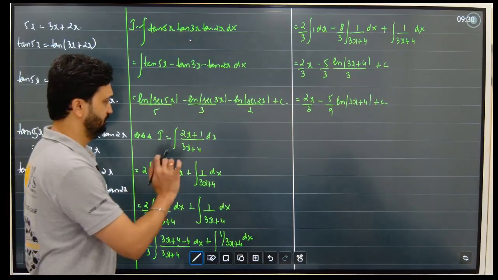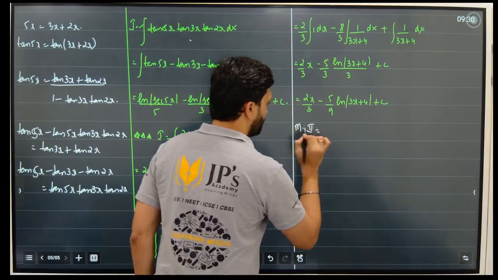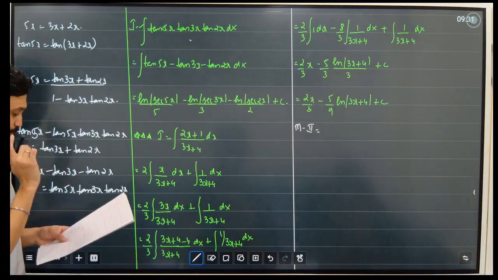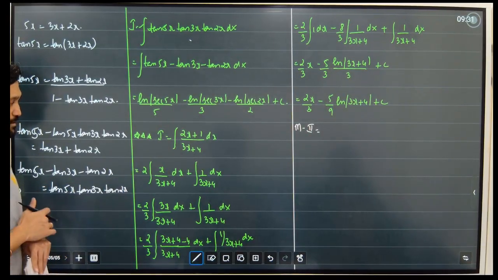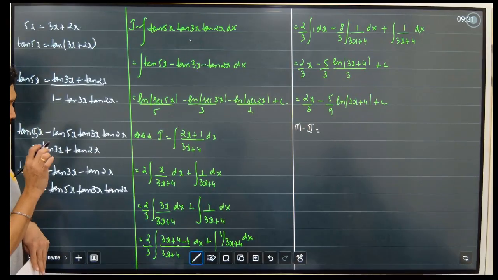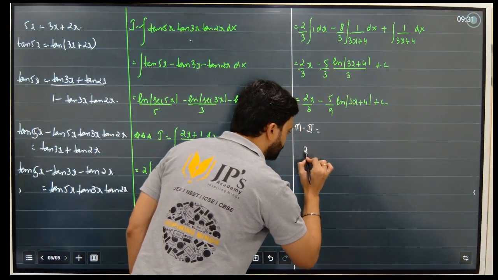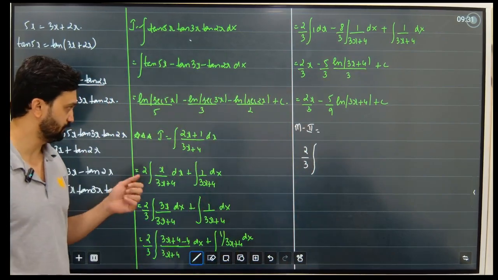But if I have to start with method 2, okay, same question. Now follow carefully. Step number 1. This is the question. Step number 1: the coefficient of x on top upon the coefficient of x below, will write. Listen carefully.